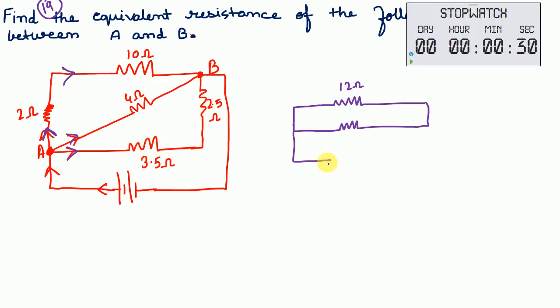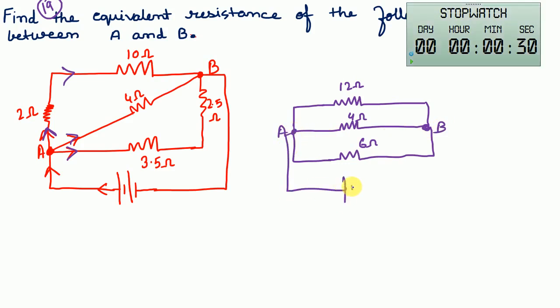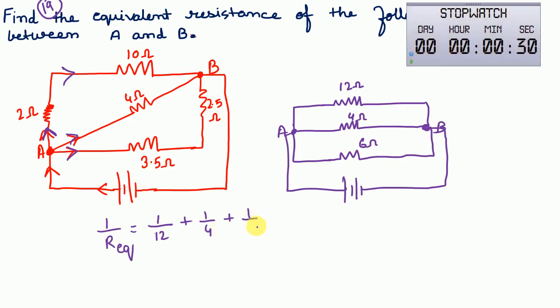So 3.5 plus 2.5 is 6. So here 4 ohm and here 6 ohm, and this is the point A, this is B. So this shows that they all are connected in parallel. So again we will find the formula. 1 by R equivalent is equal to 1 by 12 plus 1 by 4 plus 1 by 6.